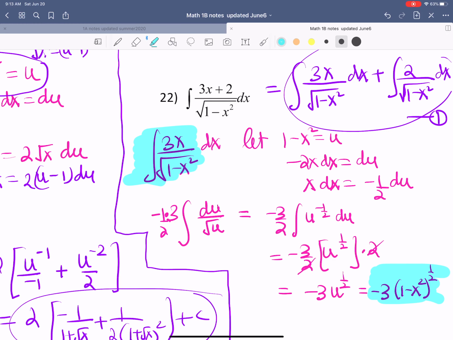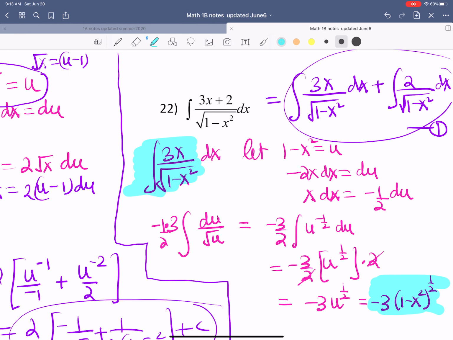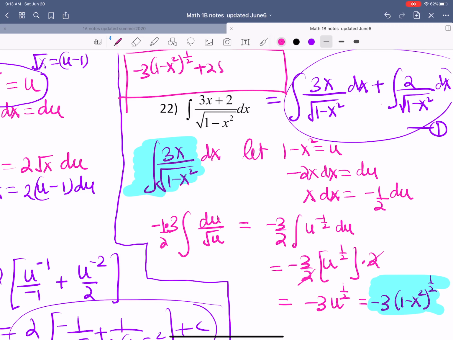So our solution turns out to be, we just did the integral of pieces, negative 3 times 1 minus x squared to the power 1/2, plus 2 sine inverse x plus a c. That's our integral in this case.